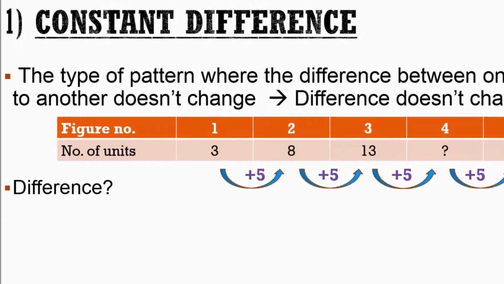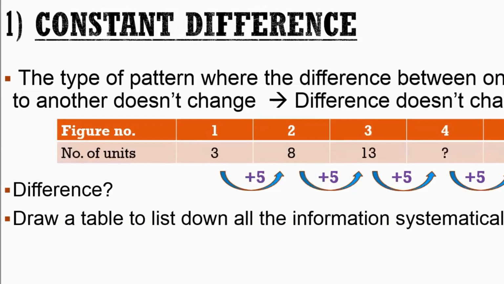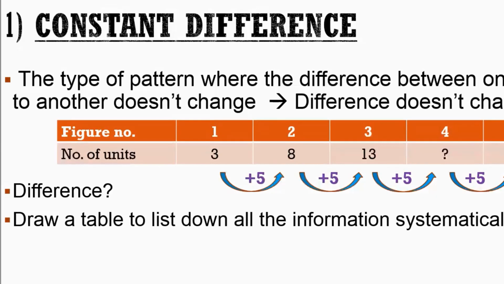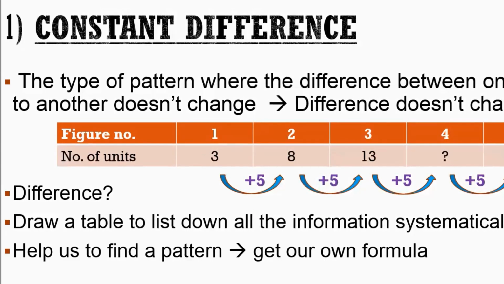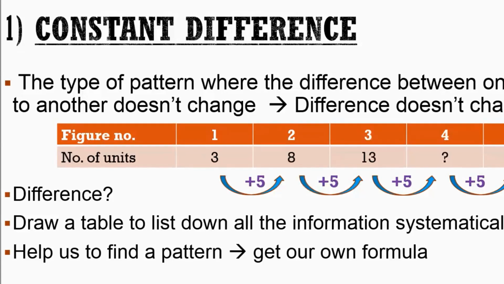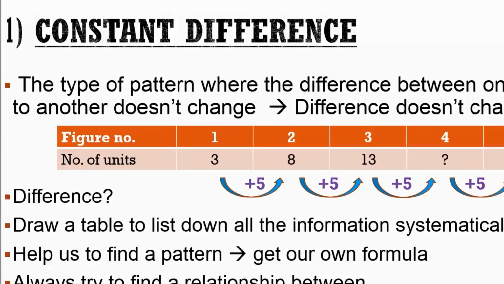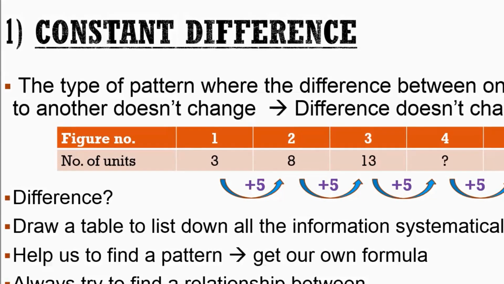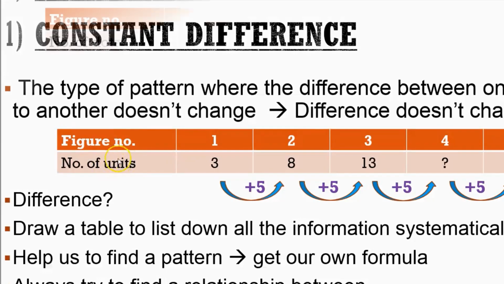So this is what we mean by constant difference. The difference doesn't change. So it's important for us to draw a table to list down all the information systematically. This is to help us to find a pattern so that we can try to formulate our own formula. Always try to find a relationship between the figure number and the number of units.